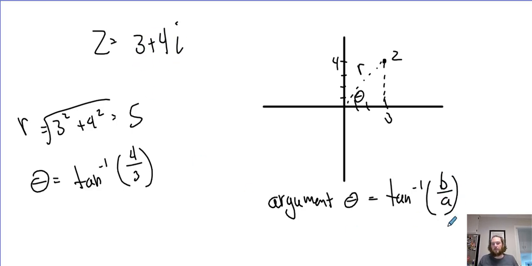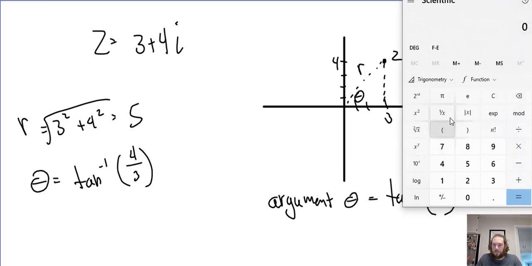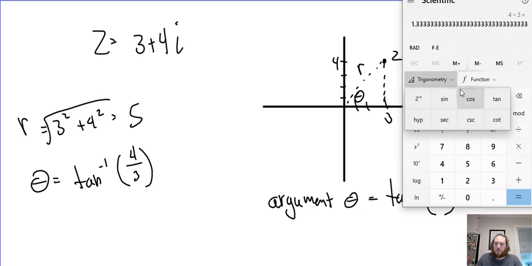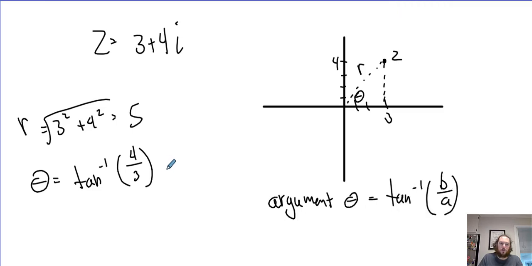If I grab a calculator at this point, we can do this in radians. These are always going to be in radians, so we have to make sure that our calculator is in radians. So we have 4 over 3, and we do the inverse tan of that. There we go. And we see here that theta is 0.927.